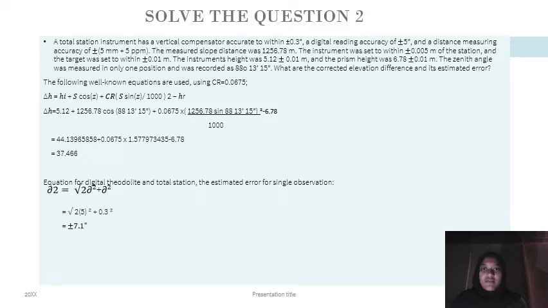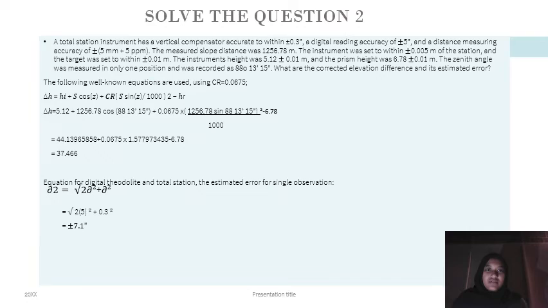The instrument's height was 5.10 plus minus 0.01 meter, and the prism height was 6.78 plus minus 0.01 meter. The zenith angle was measured in only one position and was recorded as 88 degrees, 13 minutes and 15 seconds. What are the corrected elevation difference and estimated error?